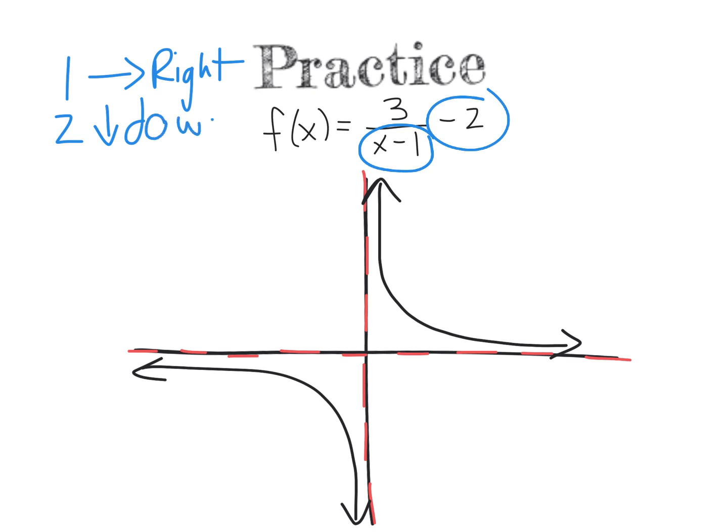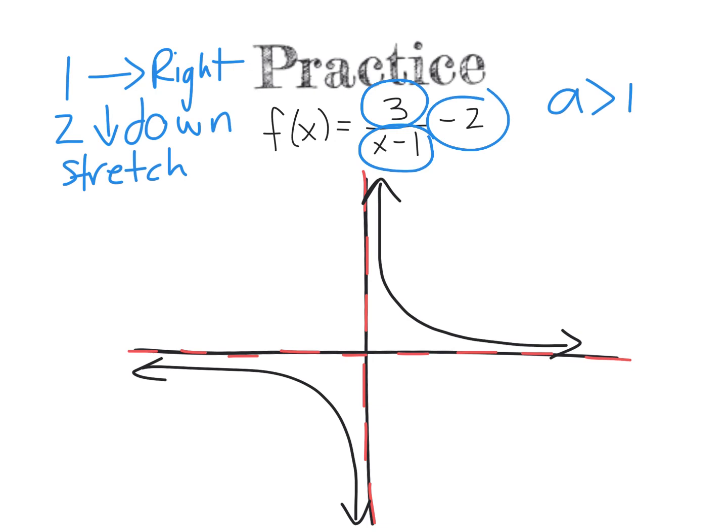So 1 unit to the right is the vertical, 2 units down is the horizontal, and then this 3, because it's greater than 1, it's going to be a what? Yes, it's going to be a stretch. So what we're looking at doing in this stretch is pushing it away from the asymptotes. The compression is going to come closer to the asymptotes, like really, really close. The stretch is going to push it away.